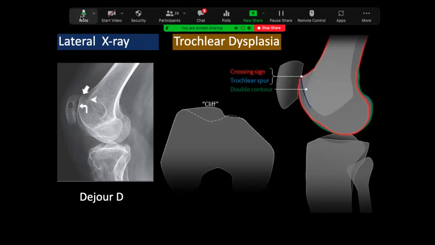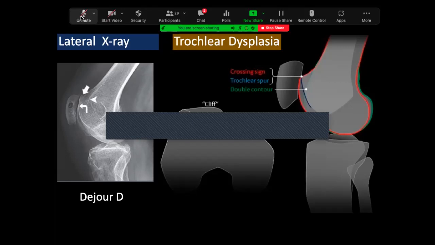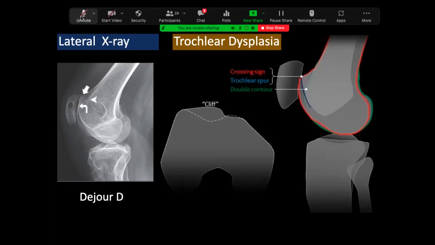So what we do is we take the patient to the operation theater, and under C-arm, we take all these X-rays. We keep a record, take pictures of the C-arm images, and then we measure. And one thing which is very essential in patellar instability is understanding the disorder, the patellar trochlear dysplasia, and this was beautifully demonstrated.